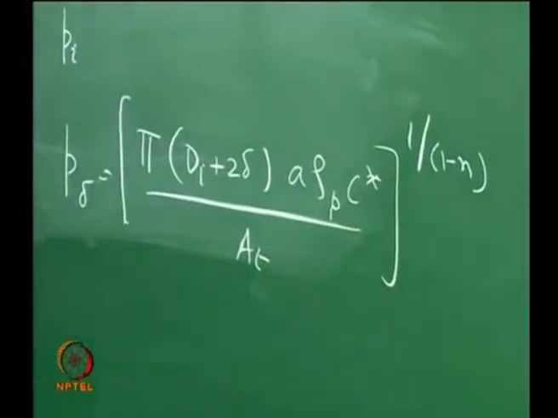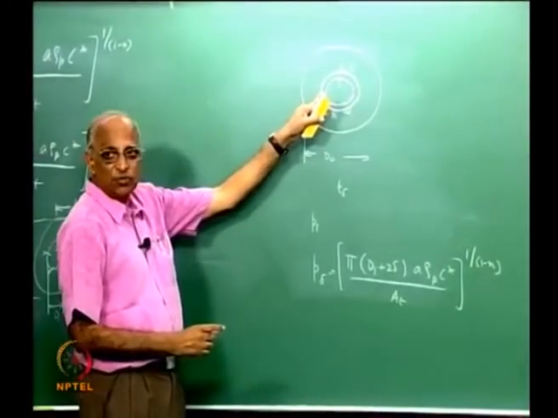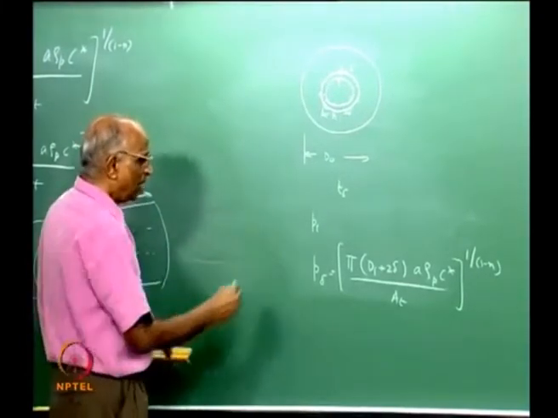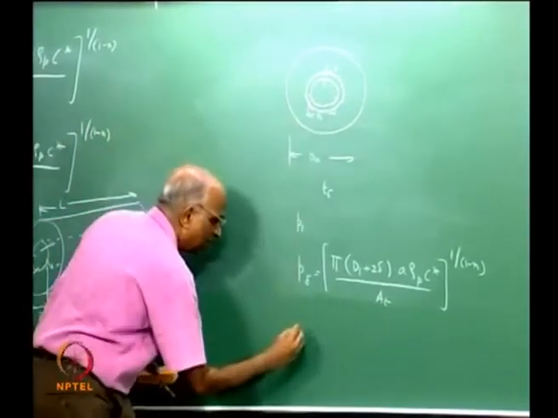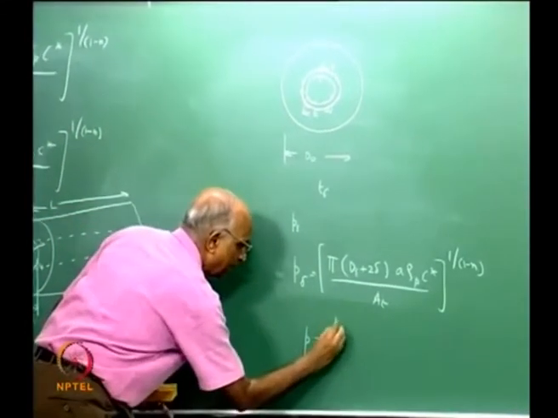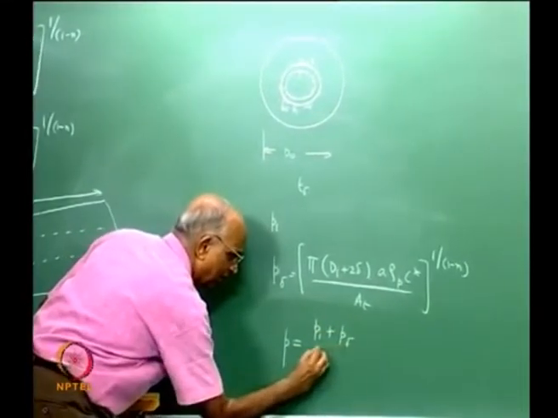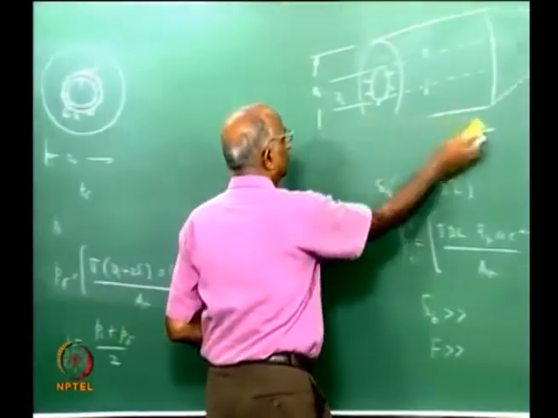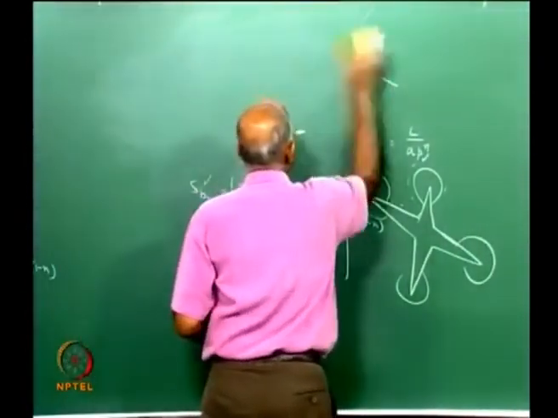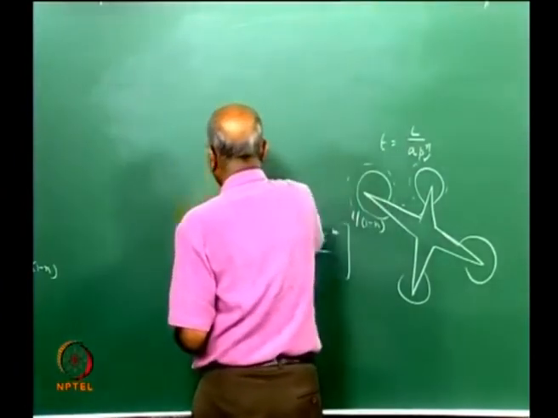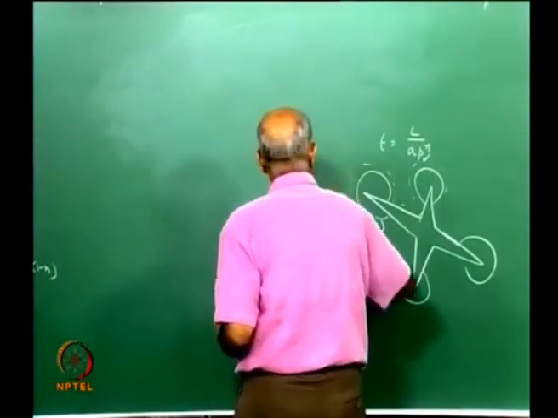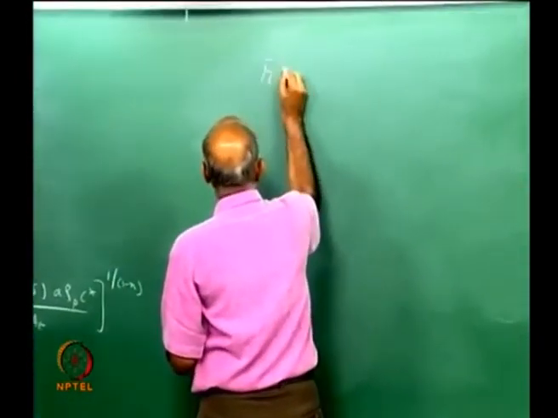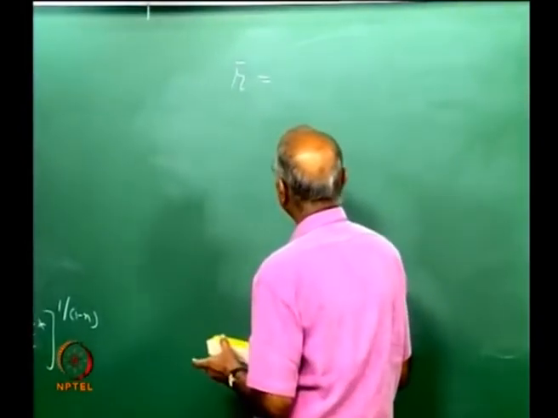That means I know the value of pressure at this point, I know the value of pressure at this point. I want to know the time taken for delta of the propellant to get consumed. Therefore, the mean pressure between this and this is P equals Pi plus P delta divided by 2, and therefore the mean burn rate from di to di plus 2 delta is equal to r bar, the mean value, and what is that mean value equal to?